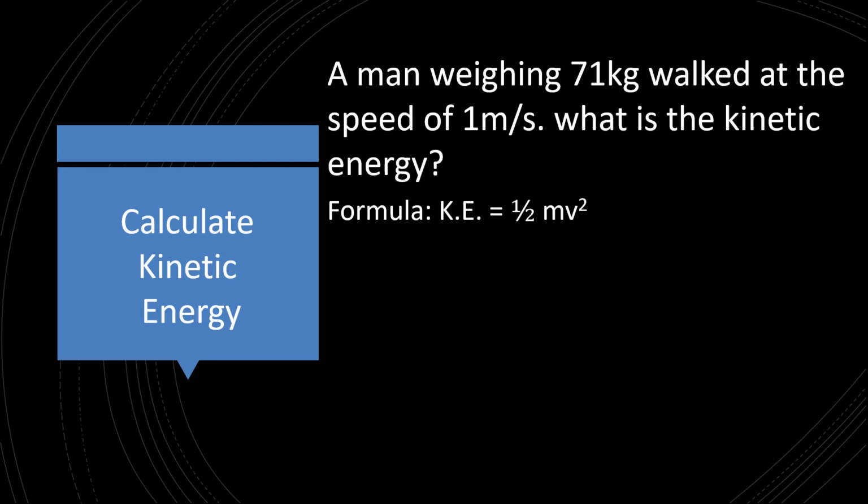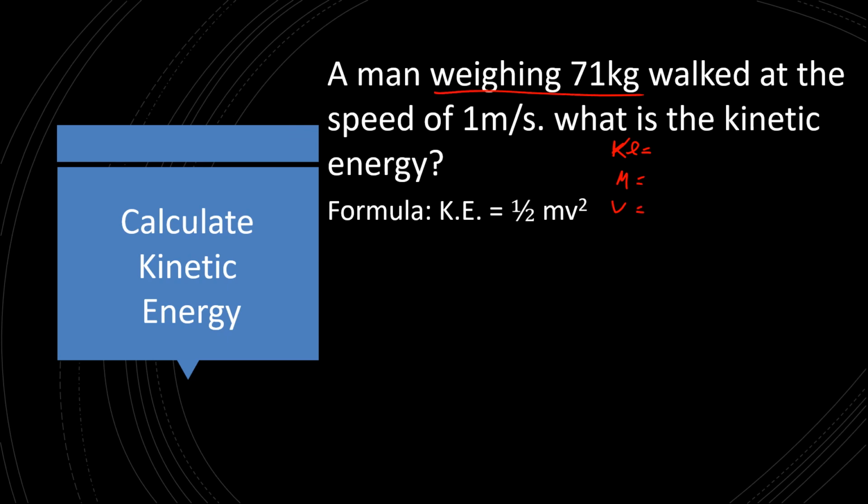So let's try a slightly more difficult problem. You may have gotten the impression from the last one that if I just multiply those numbers together, I'm going to get what I wanted. But actually, no. That's one of the rare cases where that works out that way. So we're going to put up our equation. Kinetic energy, mass, velocity. These are the things we're looking for in this problem.